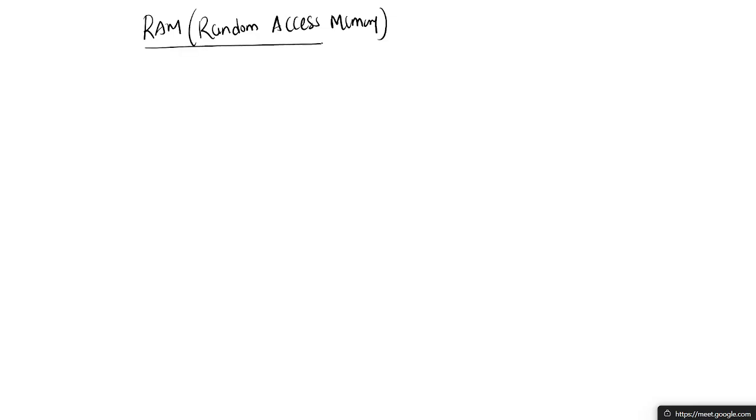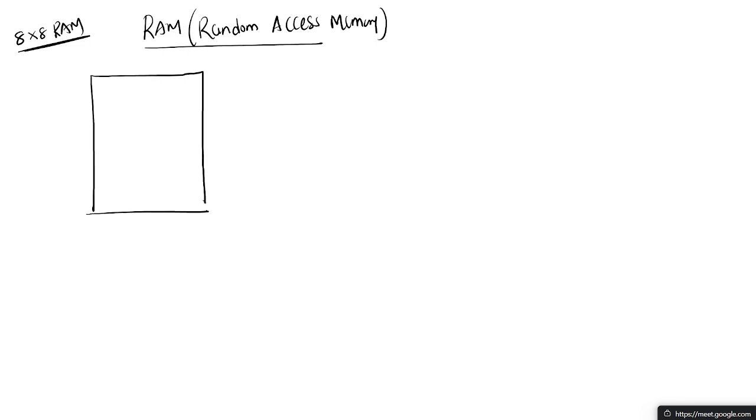So if you see the RAM, basically I am designing an 8x8 RAM. This is my RAM. So you have clock, reset, and next you have write enable, and next you have read enable.